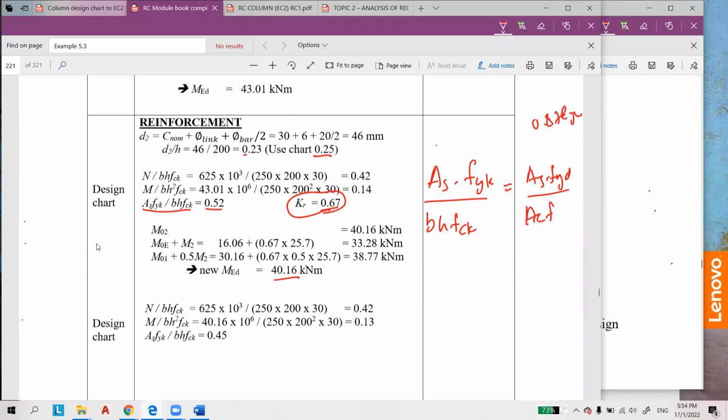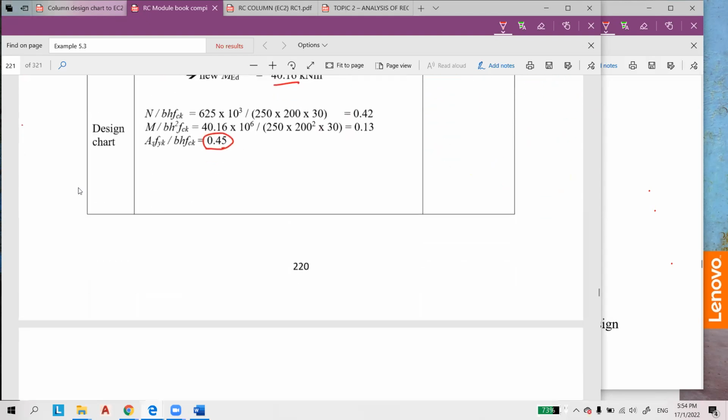If not, you can just go straightforward based on this value, because we use this value to reduce the value of As fyk over b h. We make it 0.45, so we can reduce the area of shear reinforcement. So the process is similar to the previous example.